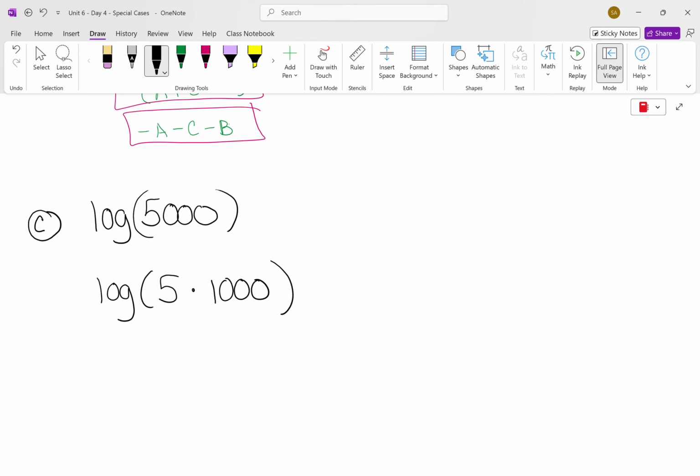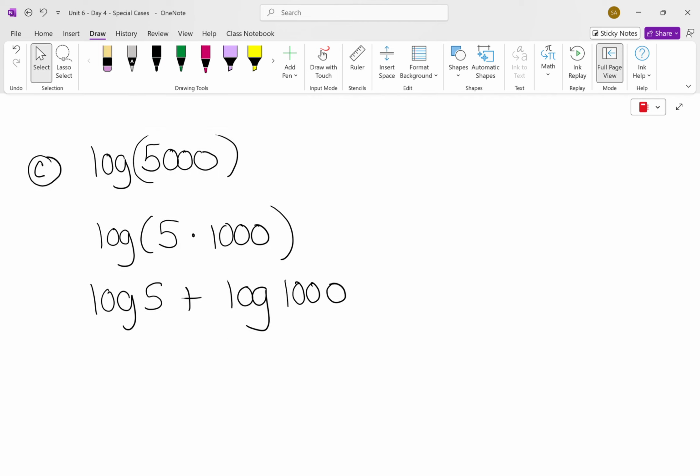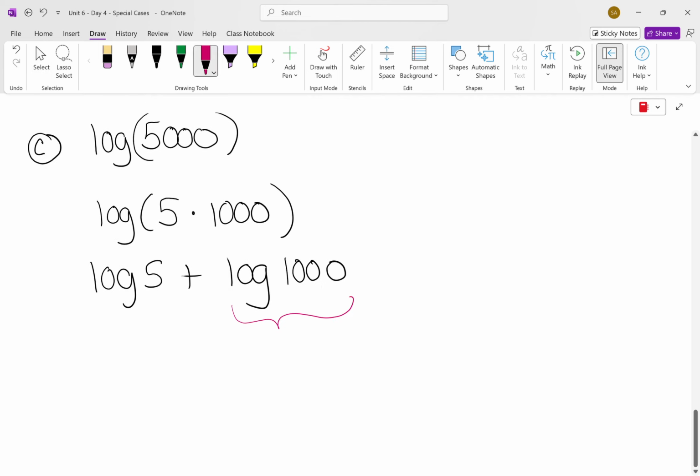Okay, so I'm going to split this log. I'm going to make this 5 times 1,000. And then I can make this into log of 5 plus log of 1,000. Log of 1,000 is actually a shortcut. Why? How do I make log of 1,000 into a shortcut?